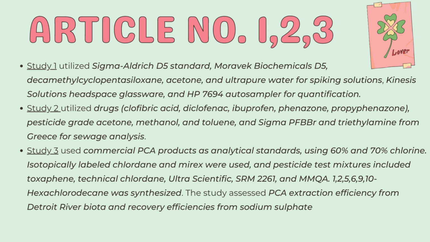Next is a study using drugs such as clofibric acid, diclofenac, and others, pesticide-grade acetone, methanol, and Sigma PFBBr from Greece for sewage analysis. Finally, a study using commercial PCA products and standards for analysis.